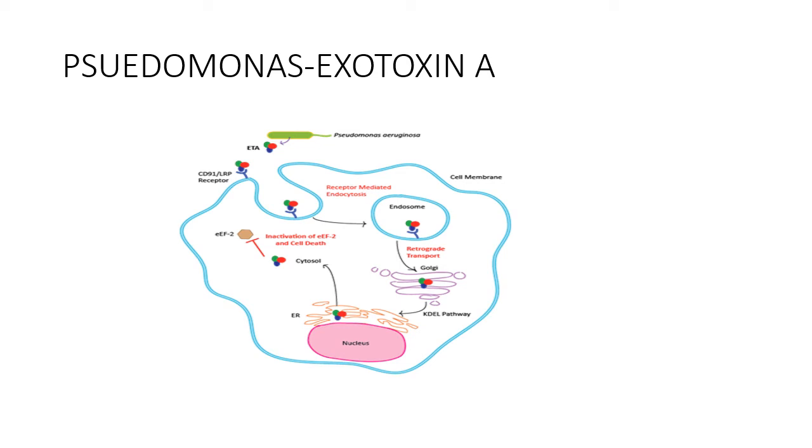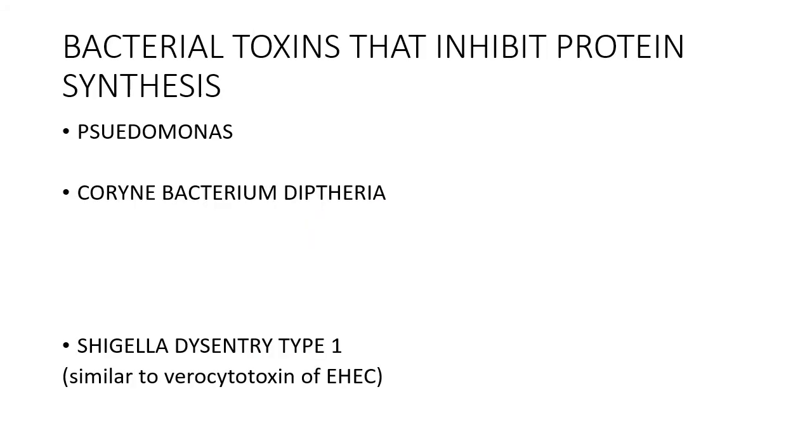So what happens with the Pseudomonas exotoxin? How does it act? Again the same thing as I have told you, same as that of Corynebacterium diphtheriae. It is by elongation factor inactivation, and hence there is defective protein synthesis. So to summarize, the bacterial toxins that inhibit protein synthesis are from Pseudomonas, Corynebacterium diphtheriae and Shigella dysenteriae type 1.